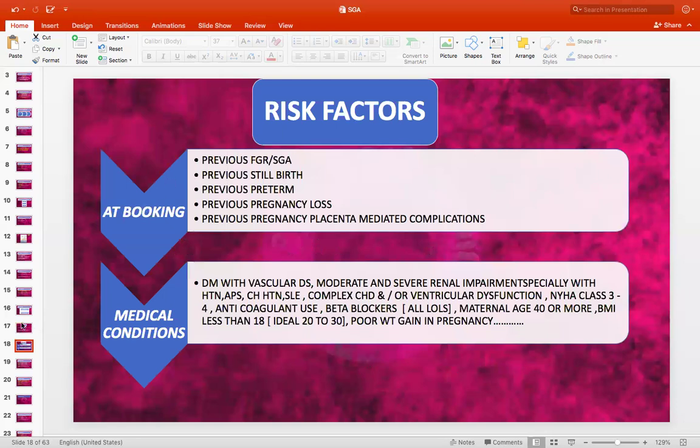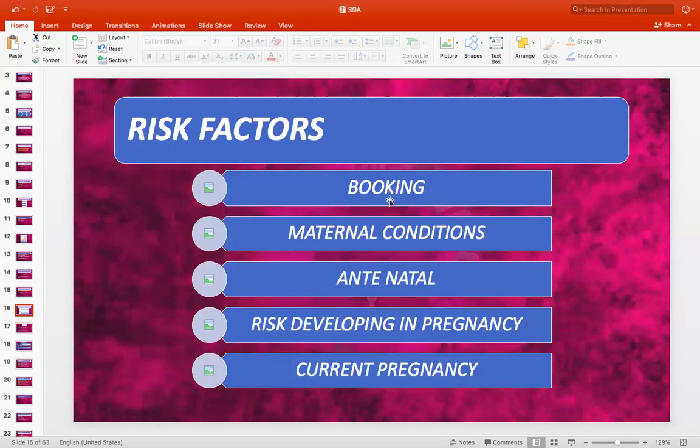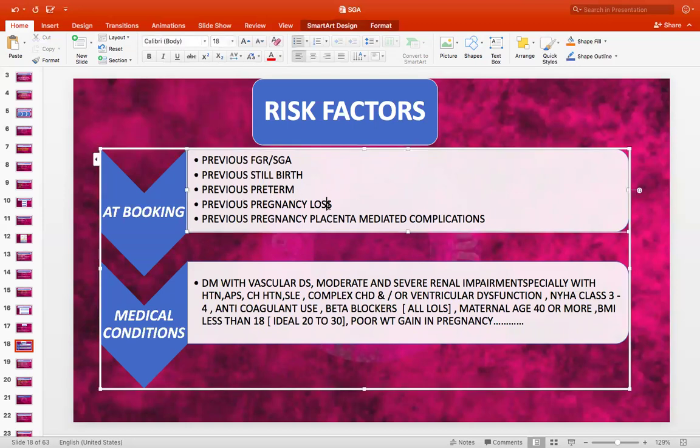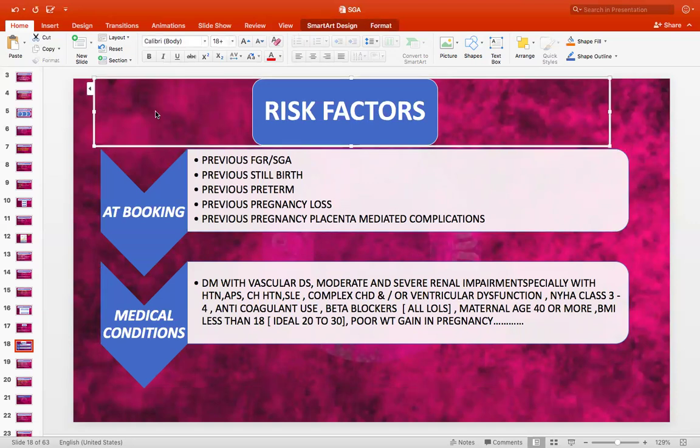So now, as we have discussed, we have this many risk factors. Very first is booking: previous FGR or SGA, previous stillbirth, previous preterm, previous pregnancy loss, previous placenta mediated complication. I will make it easy for you to remember. First, remember previous FGR and SGA.